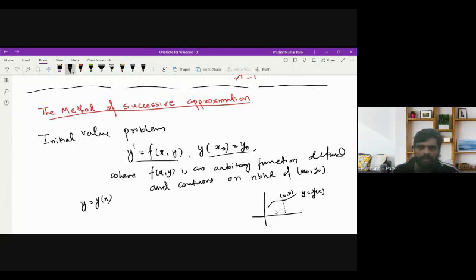So here the method is to replace the initial value problem, which I call problem 1, by an equivalent integral equation.